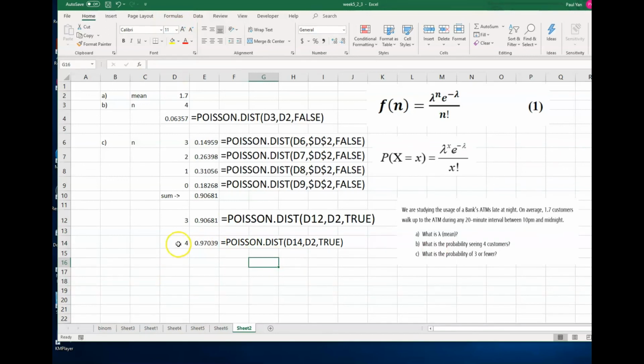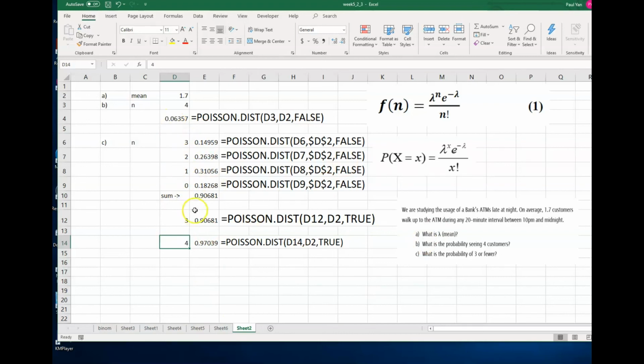The meaning of this one is simply 4, 3, 2, 1, 0, added together.